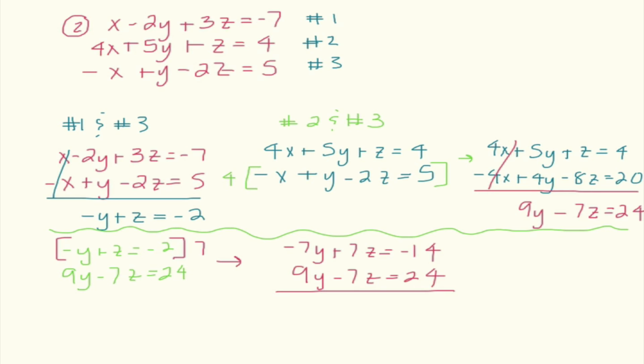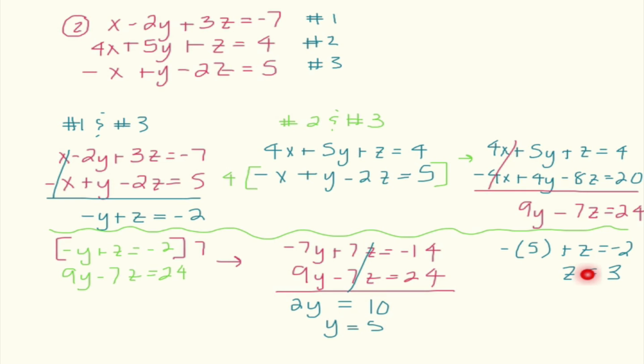When I add these together, I get 2y, my z's cancel, equals 10, so y is equal to 5. Now I'm going to substitute that back into one of these 2 equations. I'm going to use this first one: negative, instead of y, I'm writing 5, plus z equals negative 2. When I add 5 to both sides, I get z is equal to 3.